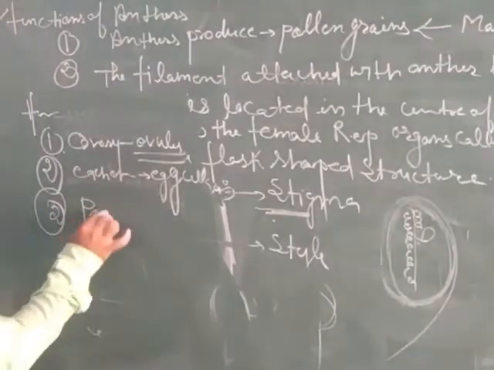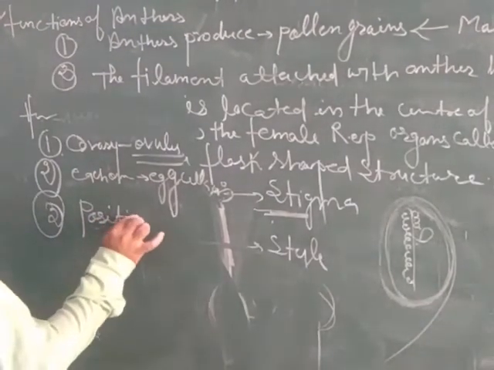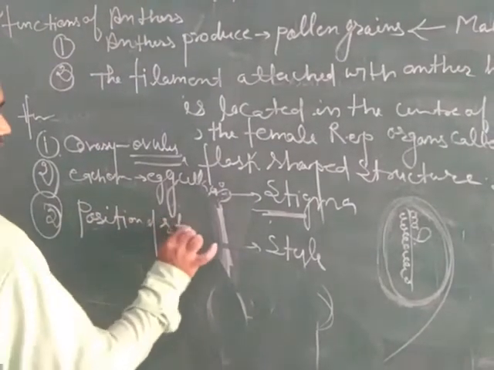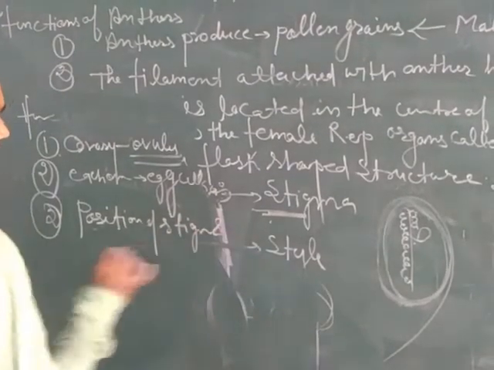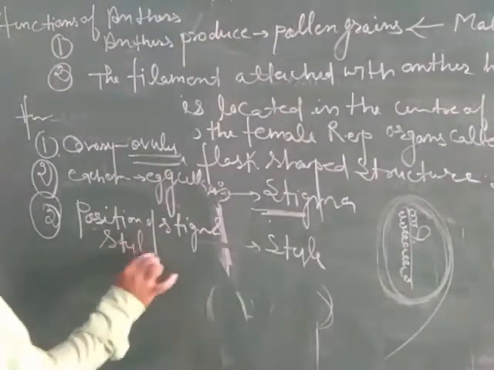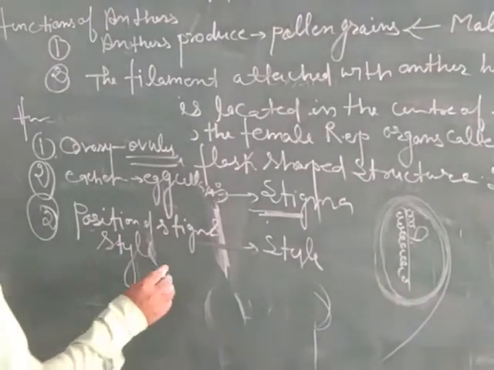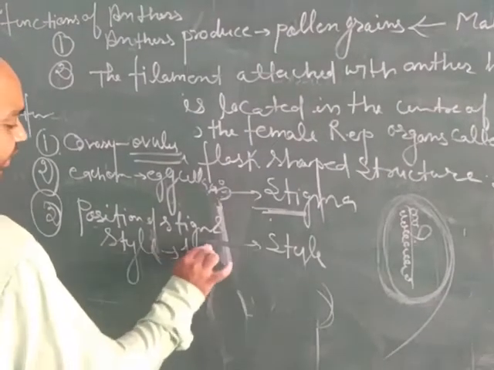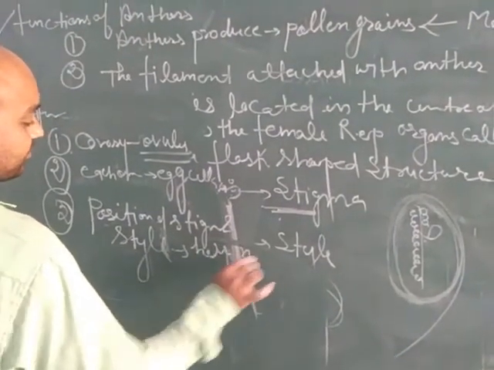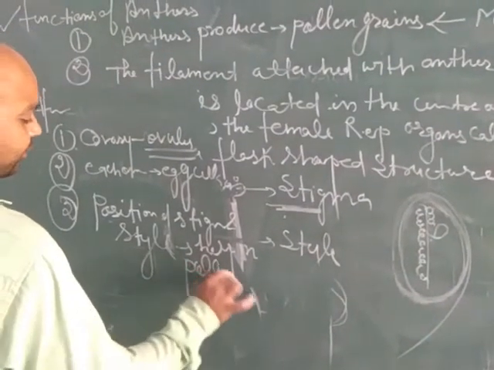The position of stigma and style in the carpel helps in the pollination process.